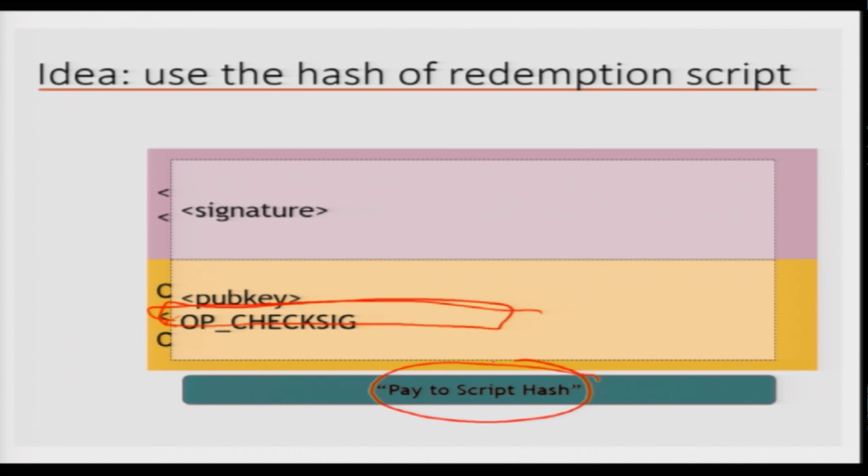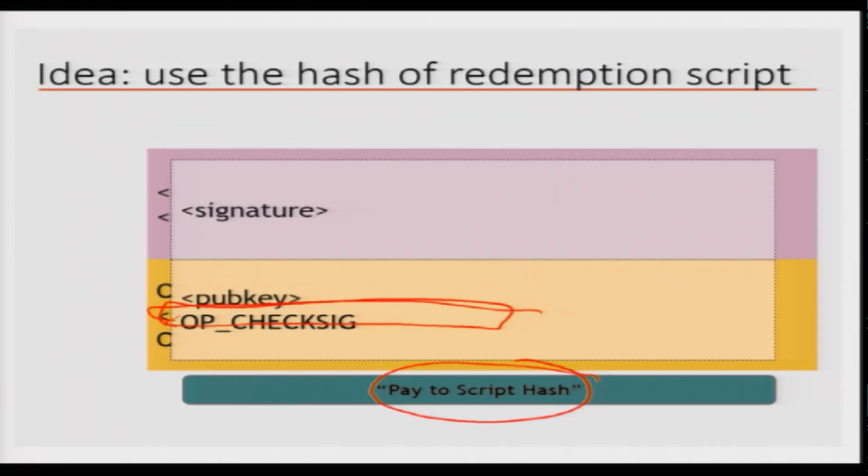The basic idea is that the receiver has a complex business situation where he needs payment to be made through a complex script, but you do not want the burden of writing a complex script. So, he makes it easier for you by writing a script and telling you the hash of the script, and then you basically use the hash of the script as if you are sending to a regular address, which also is a hash of size 160.